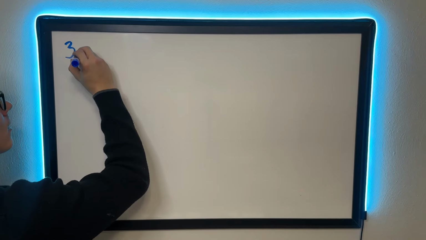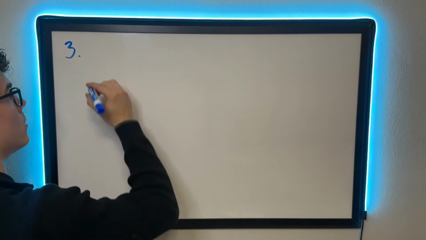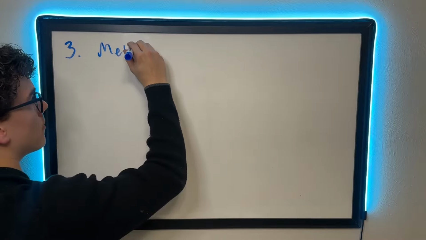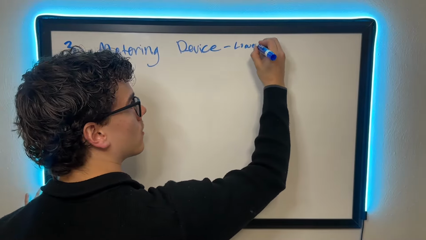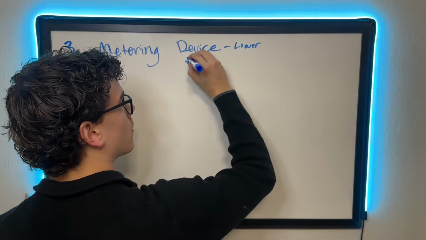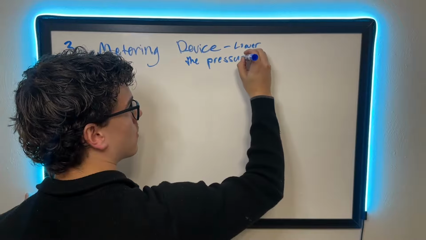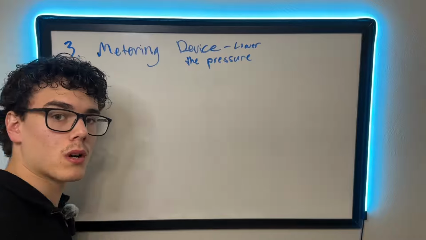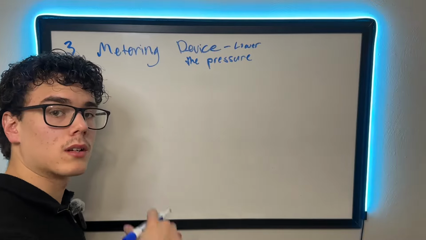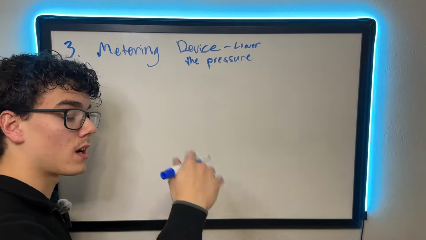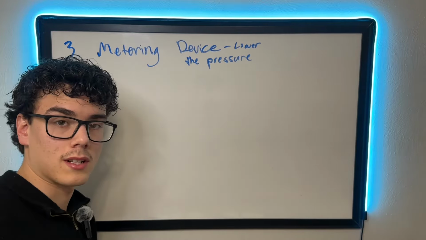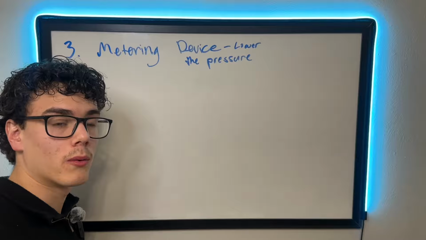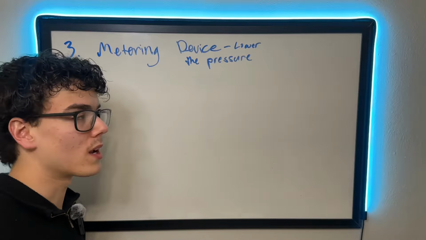So we're halfway there. Next, for our third component, we have the metering device. All right, and the metering device is going to lower the pressure. Metering device is also known as the pressure reducer. The compressor increases the pressure of the refrigerant, the metering device lowers it. And as we learned in our thermodynamics part of the course, when we raise the pressure of a substance, we raise the temperature as well.